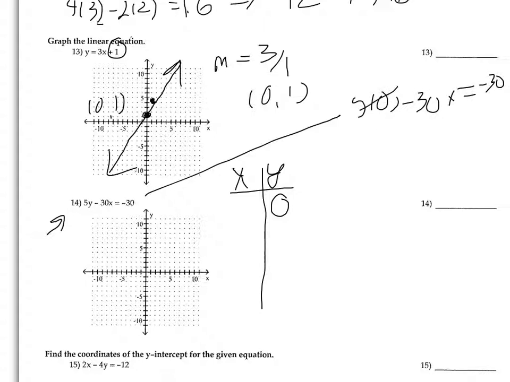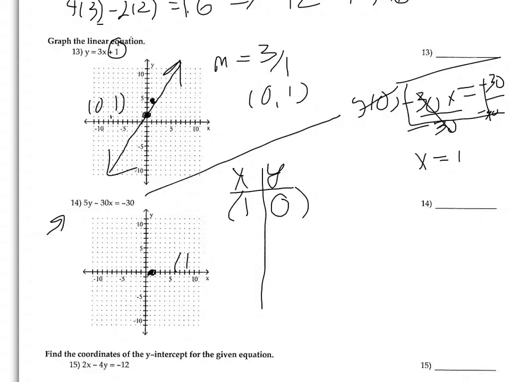Well, 5 times 0 is 0, so we have negative 30x equals negative 30, so we divide by negative 30. These cancel, we get 1, so x equals 1. So when y equals 0, x equals 1, which gives us this intercept right here, 1, 0.